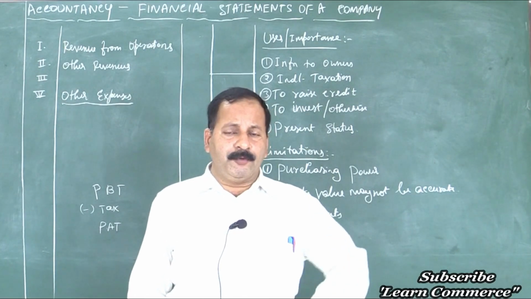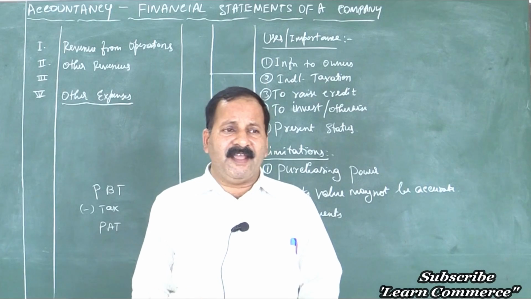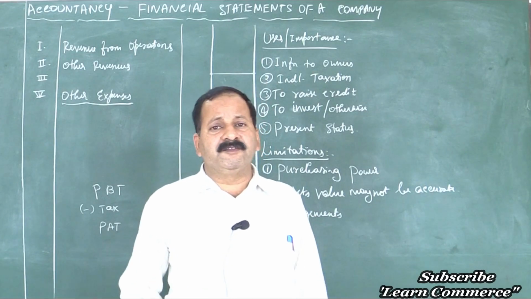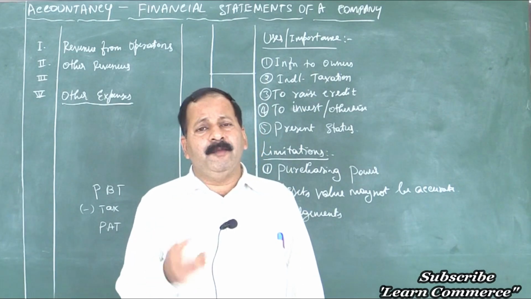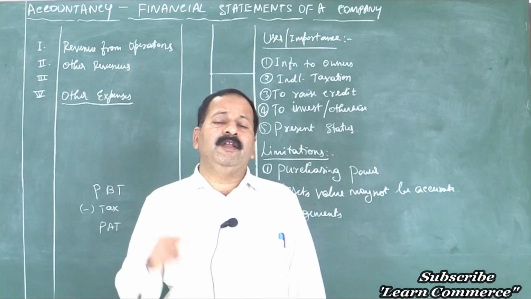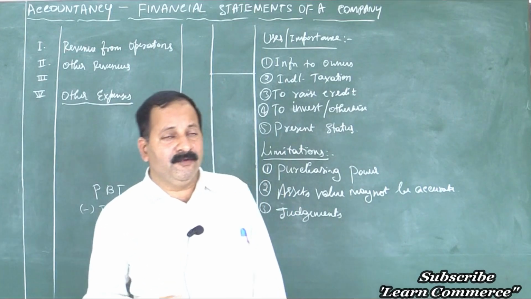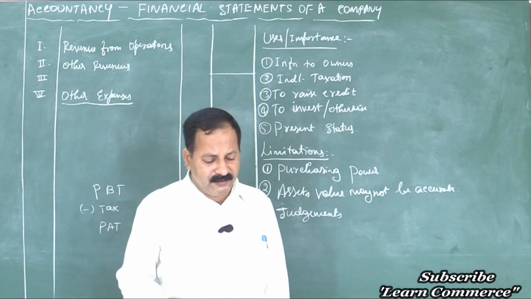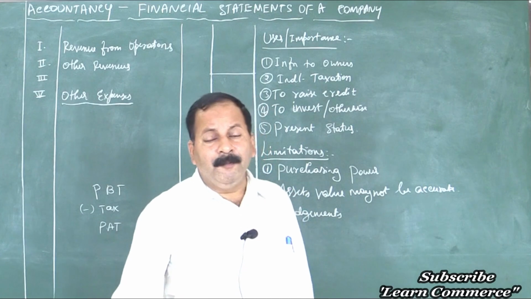You can accumulate up to 30 days and then surrender the excess leave so that you will get 1 month basic, depending upon the number of days you have surrendered. That is called leave encashment, isn't it? That is again employee benefit expenses.